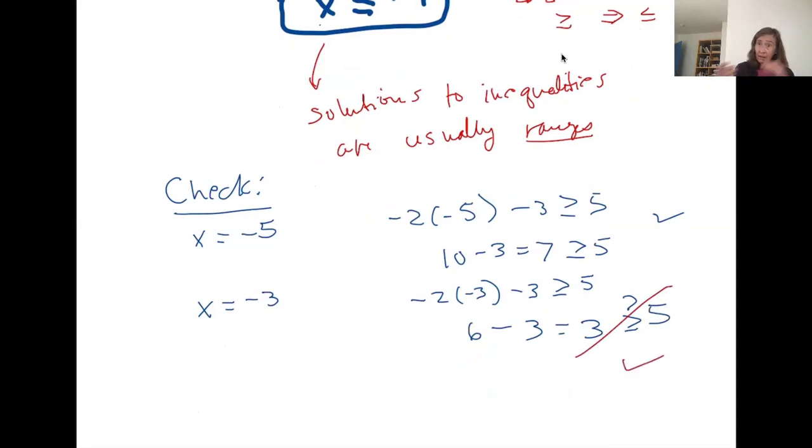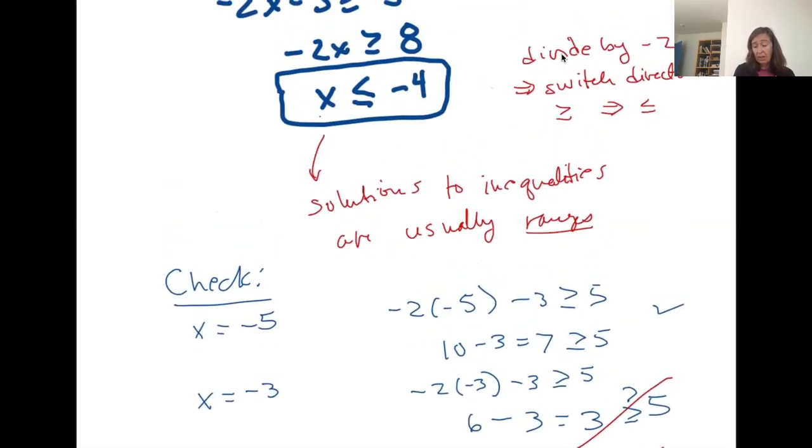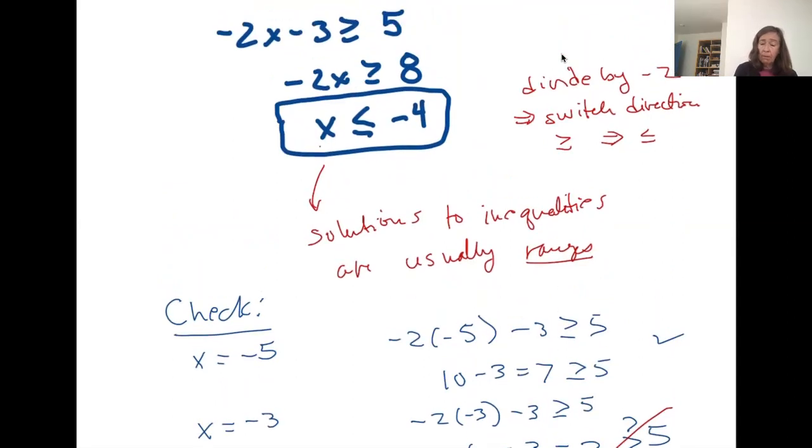So in checking to see whether the claimed solution is consistent, the standard thing to do is to pick a value for x that the inequality says should be consistent with the inequality we started with, and one that it shouldn't, and make sure that it does what we expect it to.